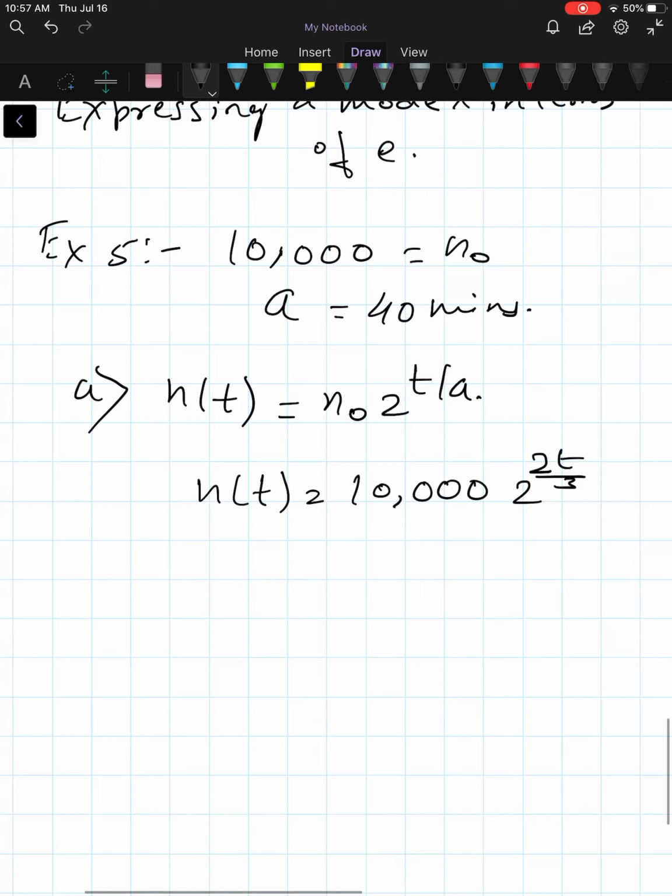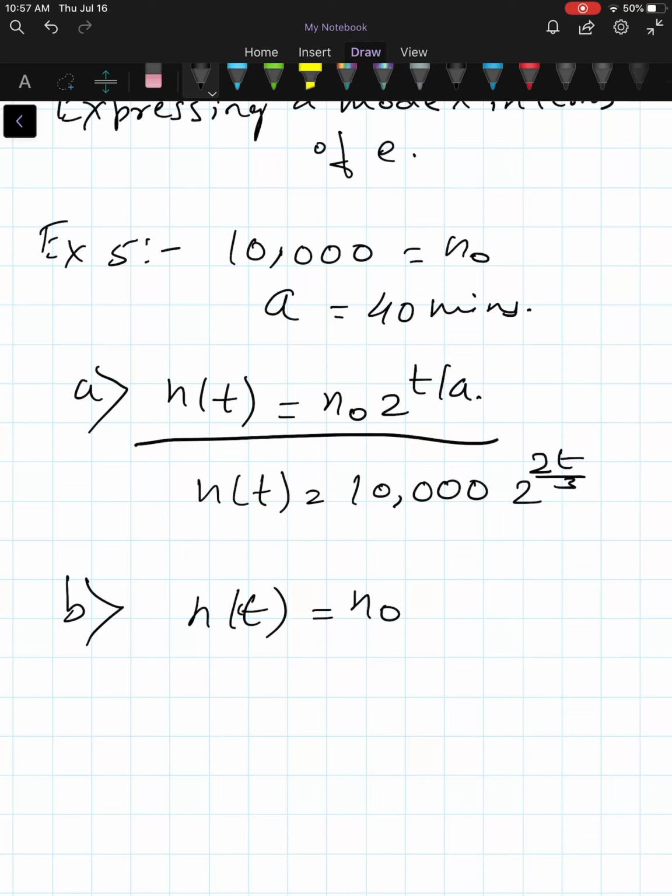Okay, and the second problem would be to find a function n of t in terms of the exponential, expressing the given model. This is a doubling time model where we are using base 2, and we will use a model with base e.